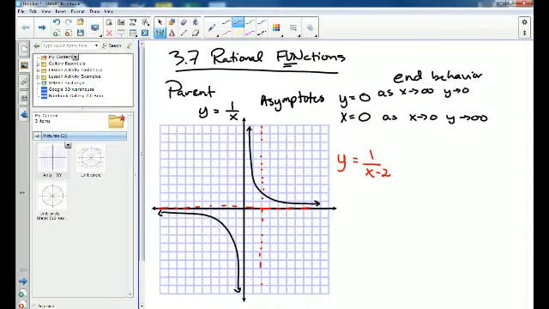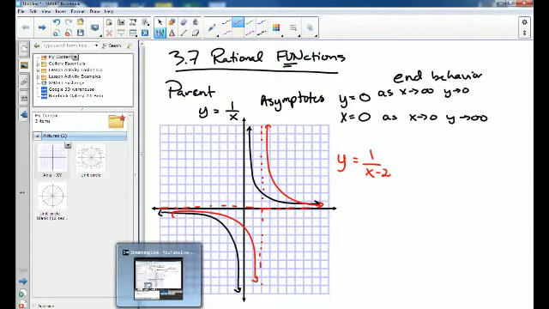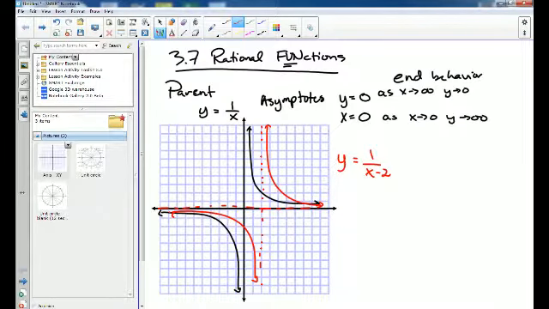That's right. So what is our horizontal asymptote? Y equals 0.